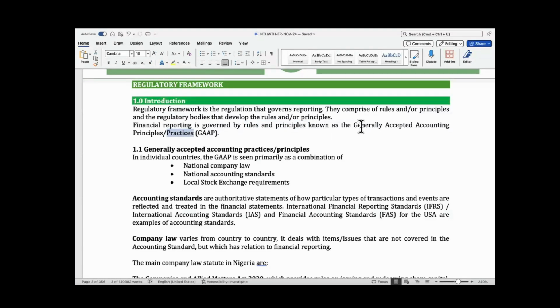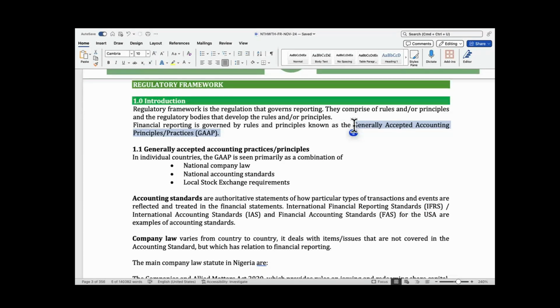So GAAP, generally accepted accounting principles, is the rules and principles that govern reporting, and every country of the world has their own GAAP. In Nigeria, we have our own. In the US, they have their own. In Ghana, they have their own. Every country has their own GAAP.